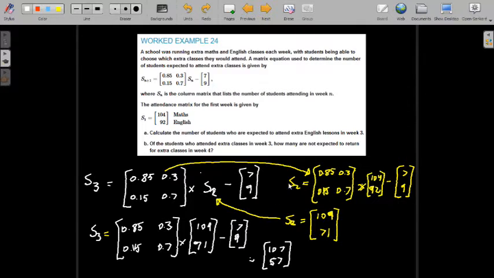Okay, so that's all we need to do. So really, we needed to start with S2 so that we can get S3.